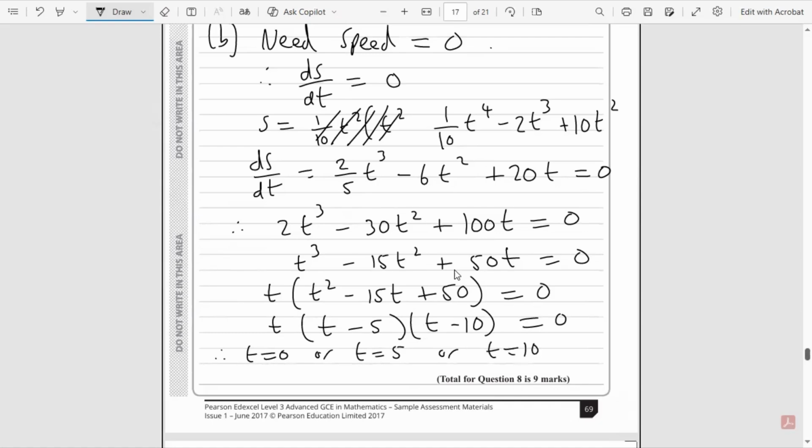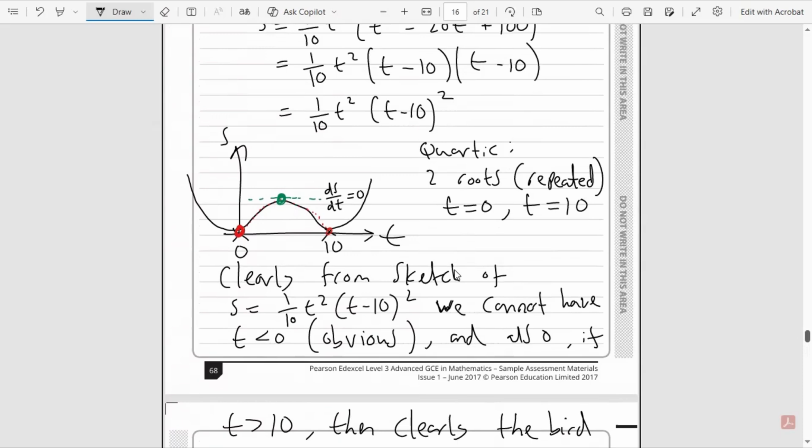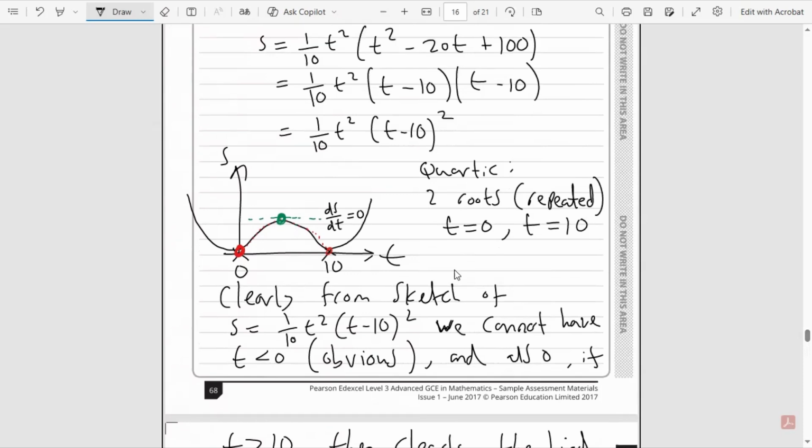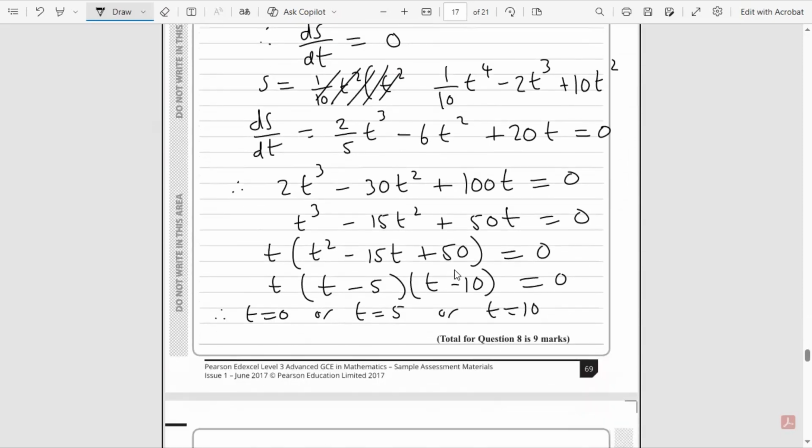Now, if we go back to our graph from part A, it's kind of obvious that the time we need to get to this point here where the speed is 0 is 5. It's obviously not 0 and not 10, it's 5. So t equals 5 is the one to use.